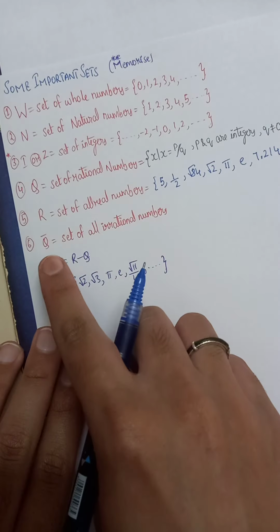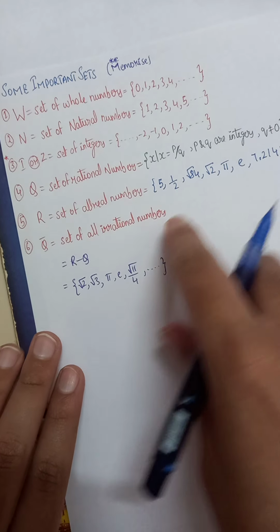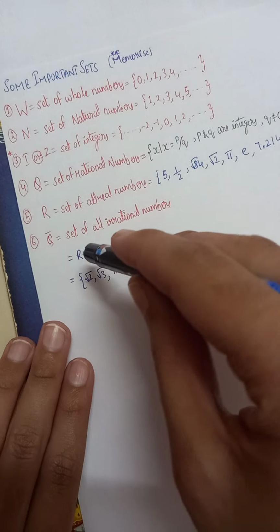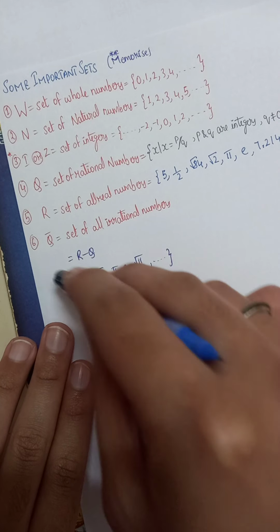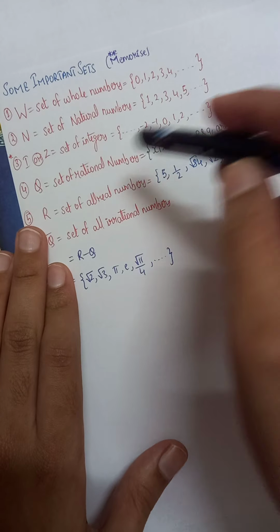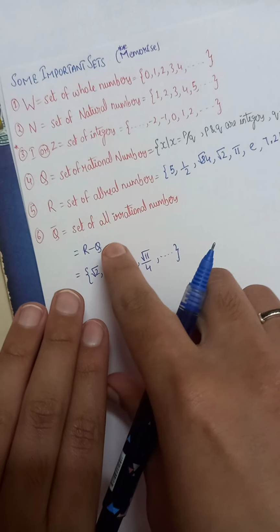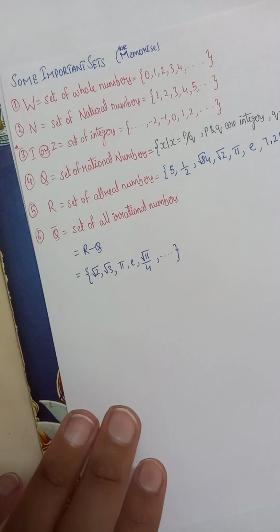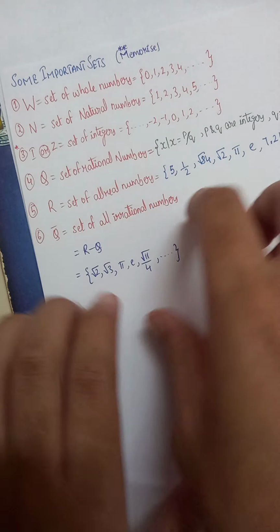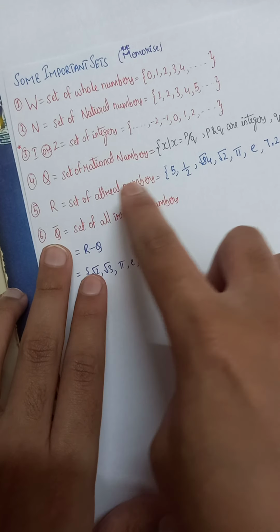Moving on to the next one, Q bar means the set of all irrational numbers. So what are irrational numbers? This is a more accurate definition: you take all the rational numbers out of the real numbers. You're just subtracting the set of rational numbers from the real numbers.